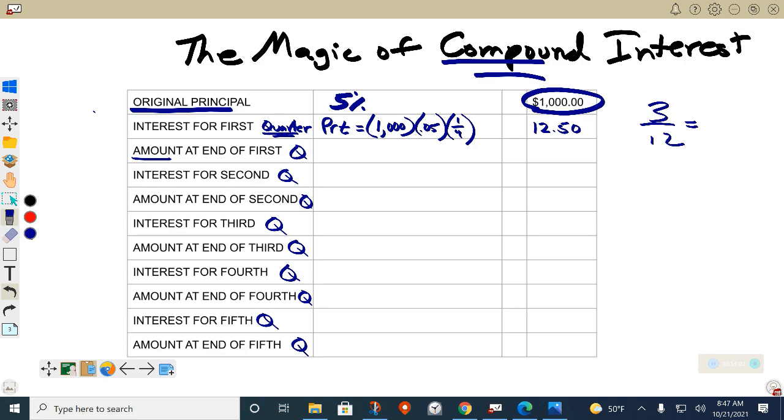What's the total amount in the bank now? 1,012.50. Put that there, please. I trust that makes sense to you in your mind. At the end of the first quarter, that's how much money is going to be in the bank. Okay?